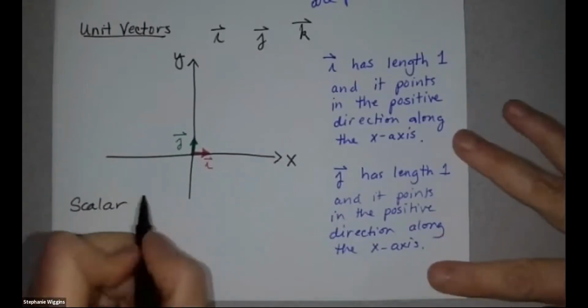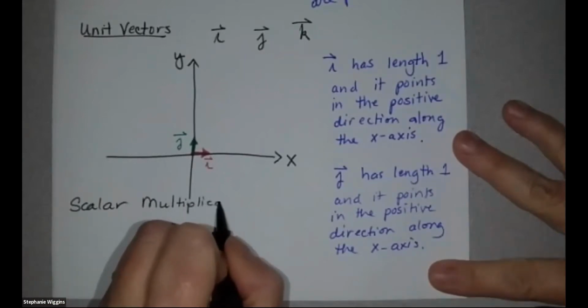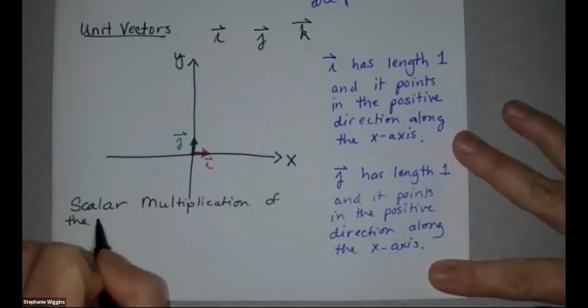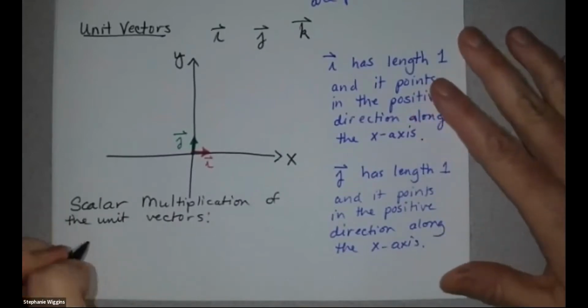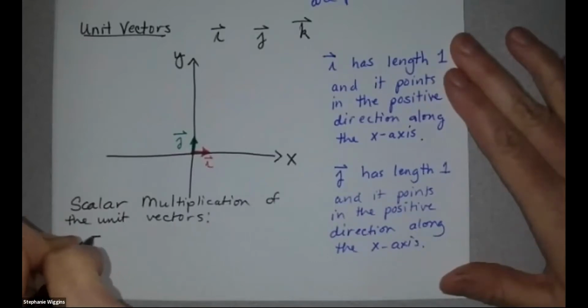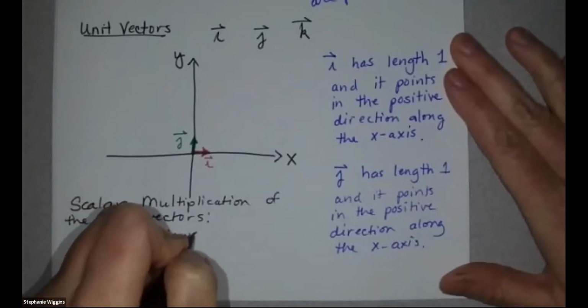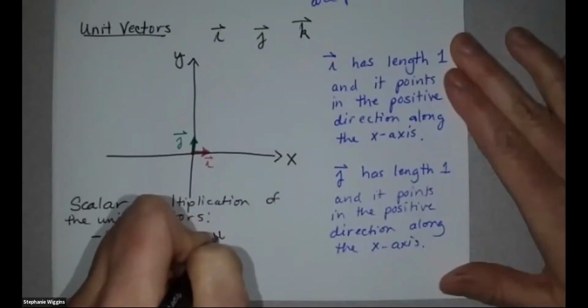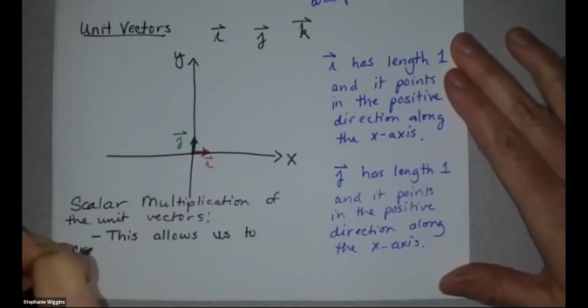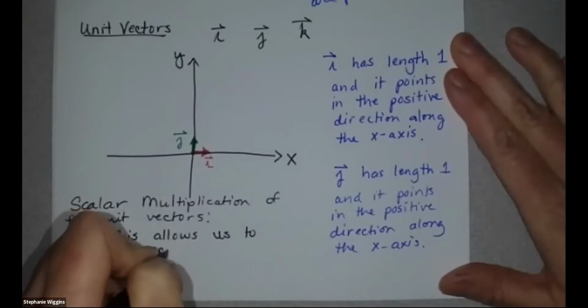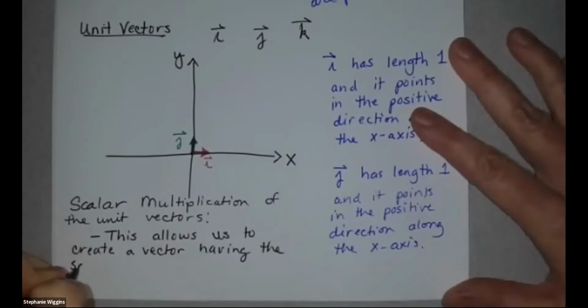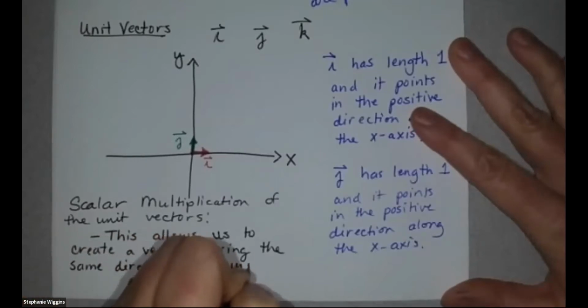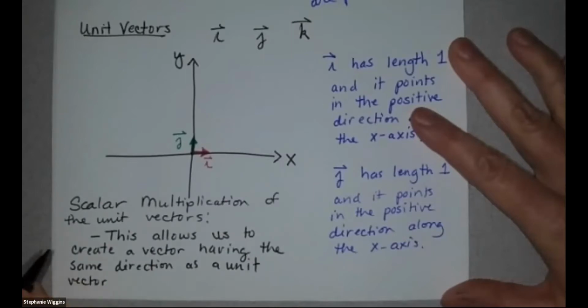So scalar multiplication of the unit vectors allows us to create a vector having the same direction as a unit vector with a different length.